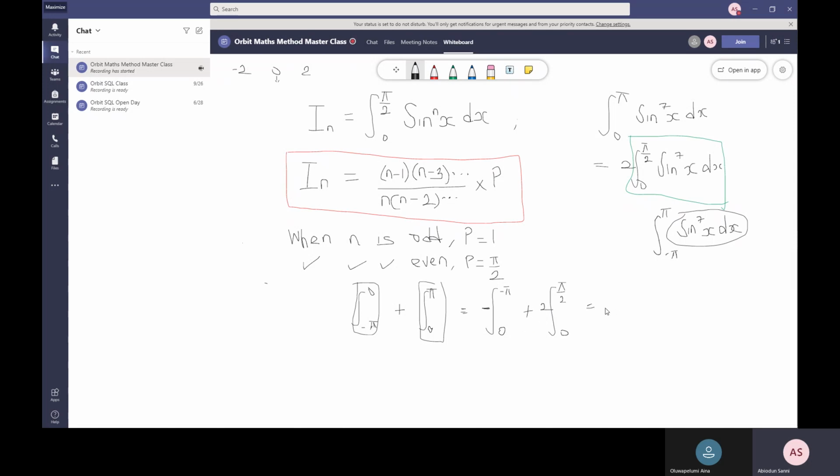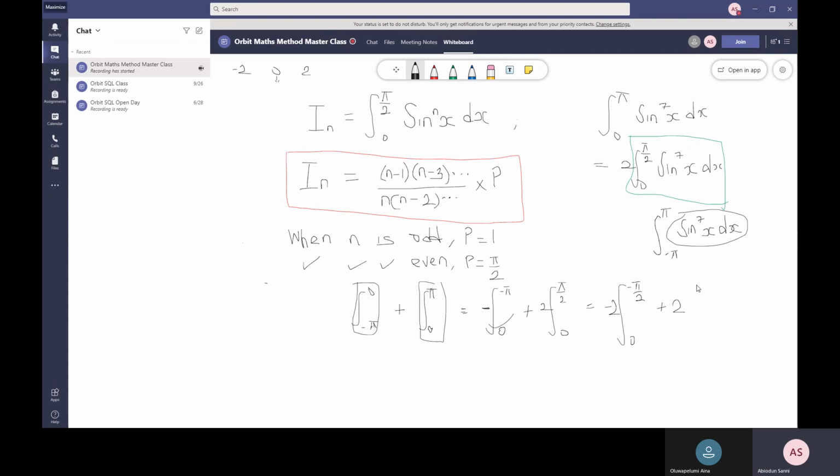Now I still have an issue with the other part. But at the same time I can say minus integral from 0 to, let me put minus 2 and minus pi over 2 here, right? That's for this part, then plus 2. I didn't write anything here; you are going to put sin x to the power 7 inside this place to complete it.